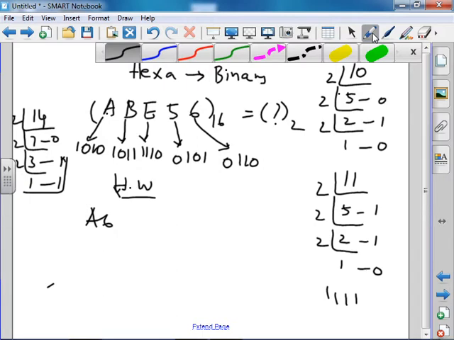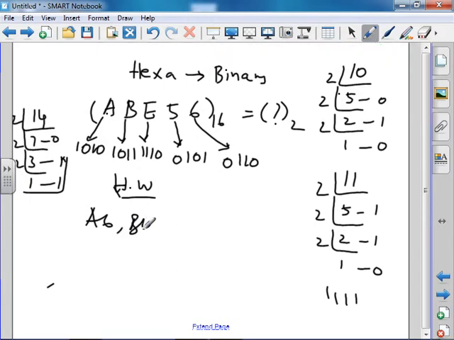Next one, 9BC8. Third example, BC9. A6, BE, 9BC8, BC9. This is the first homework, second one, third one and fourth one.